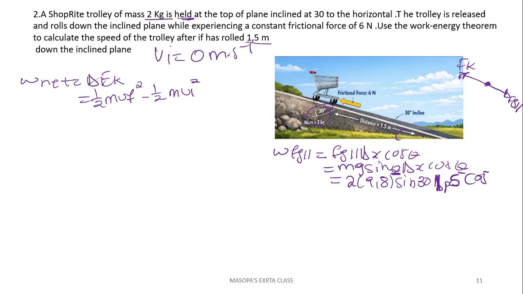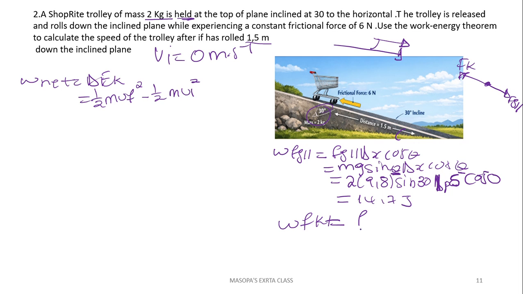The delta x is covered down the incline, and our FG parallel also faces down the incline. So the angle between the FG parallel and the delta x is 0, so we put 0 here. So the work done by FG parallel is 14.7 joules.